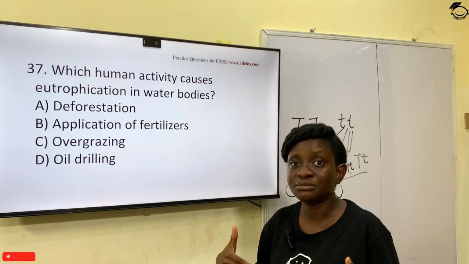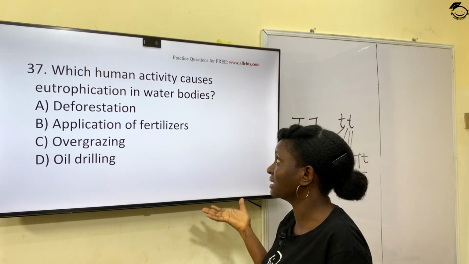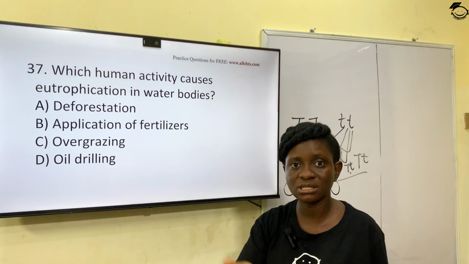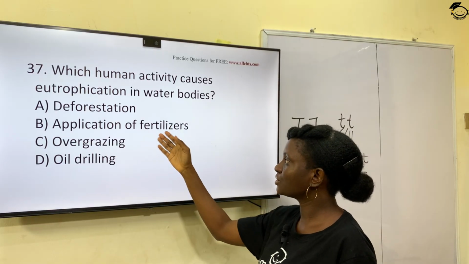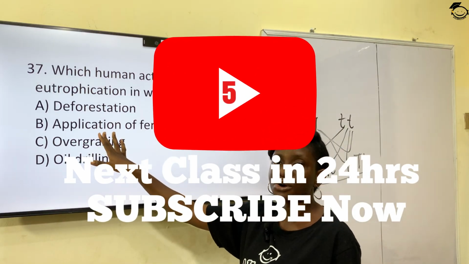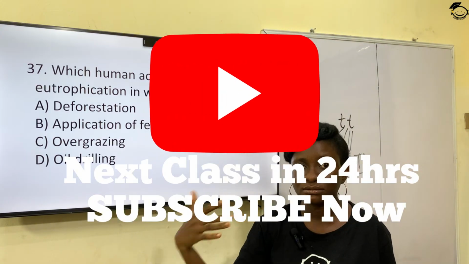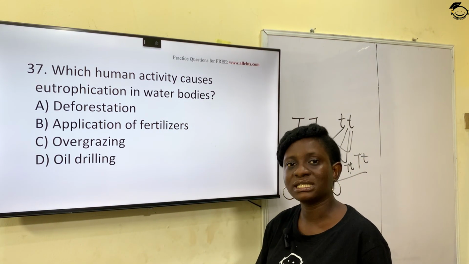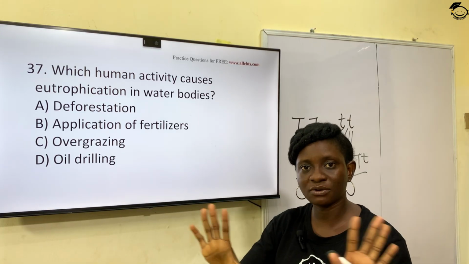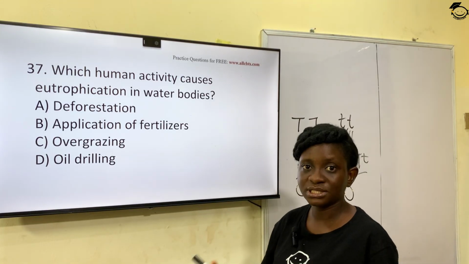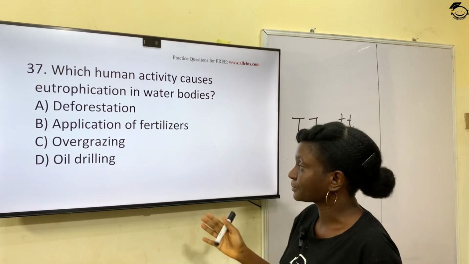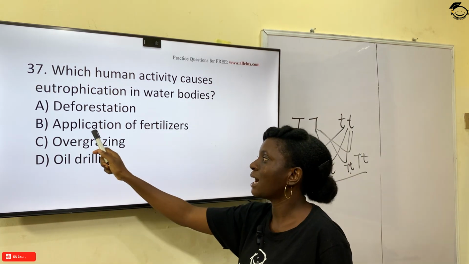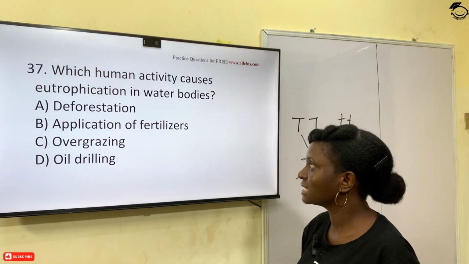A, deforestation, cutting of trees, B, application of fertilizer. This is the correct answer, because when too many nutrients from fertilizer are in a water body, it can lead to the formation of algae and low oxygen in water. So the correct answer is B, application of fertilizers.